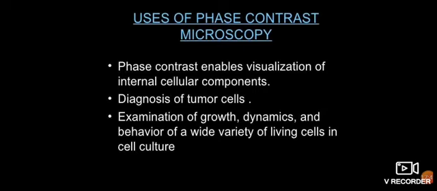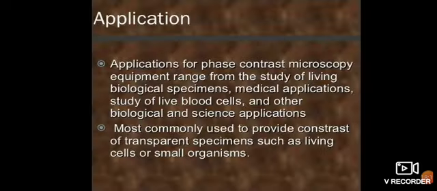If we want to develop a cell culture or cell medium, during that process, how the microorganisms develop, how they carry out their dynamic and kinetic activity, how they behave, how their culture develops, all those activities can easily be observed by phase contrast microscopy.